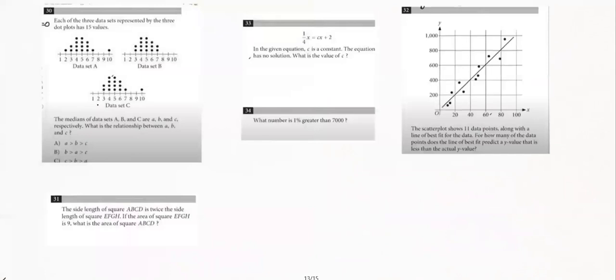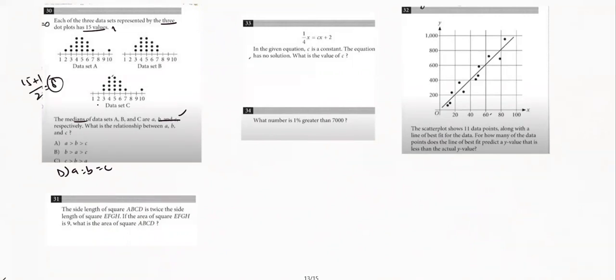Next, each of the three data sets, the other option D is A equals B equals C. Each of the data sets represented by dot plots has 15 values. They are asking for the medians of A, B, and C. So how do we find the median values? Since there are 15 values, 15 plus 1 upon 2 is 8.